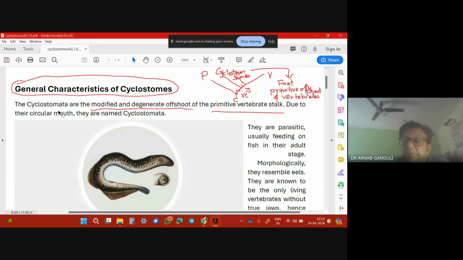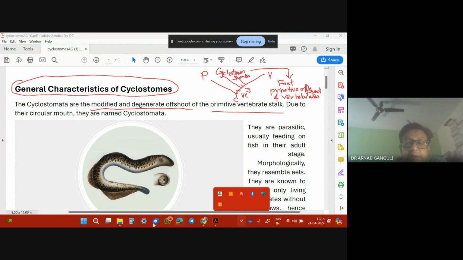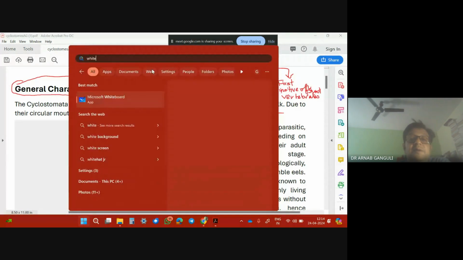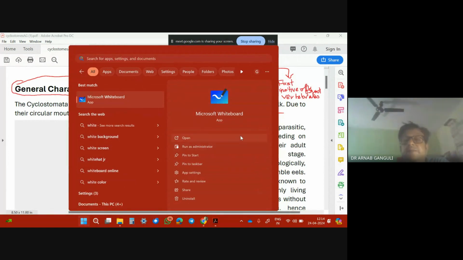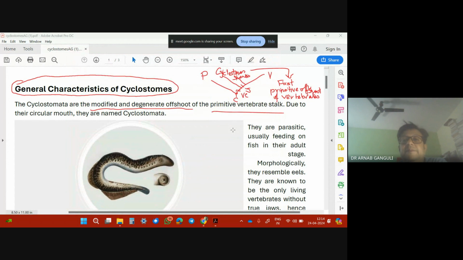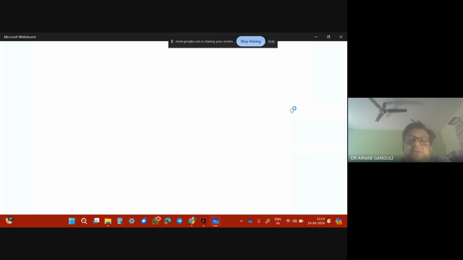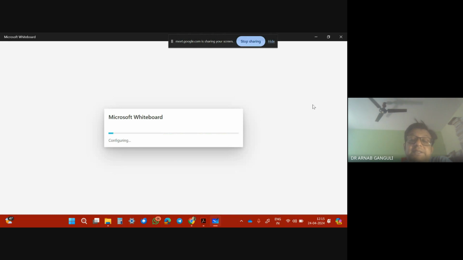So I'll draw this much better on a board, Microsoft whiteboard. I'm just going to draw the phylogenetic tree. In the previous semester, you had studied phylogenetic trees and their explanations.